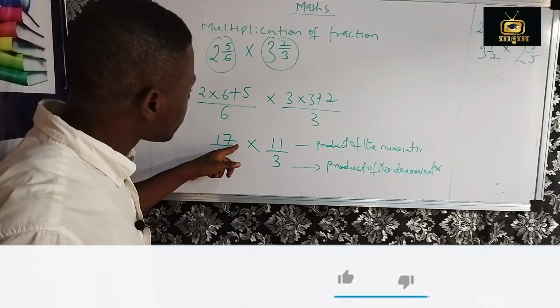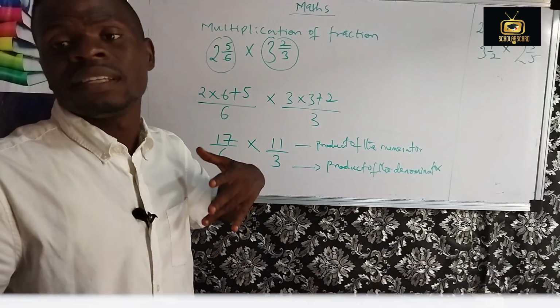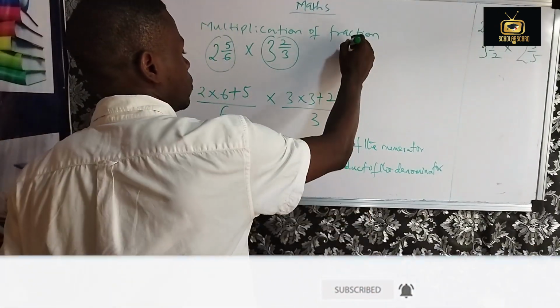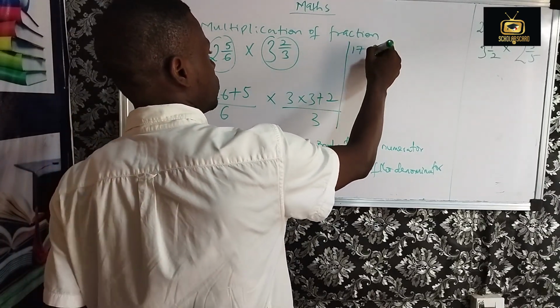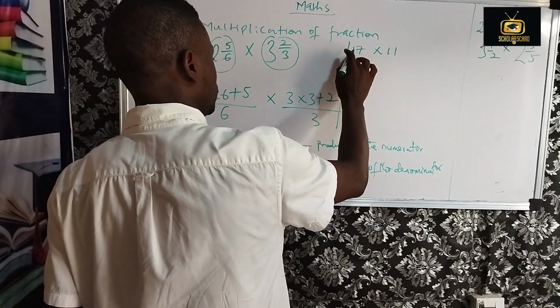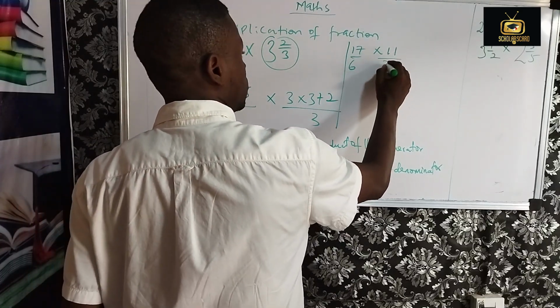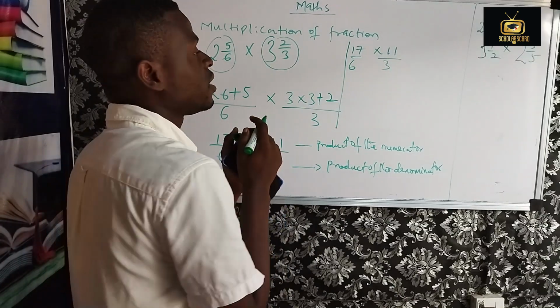The product of the numerators is 17 times 11.